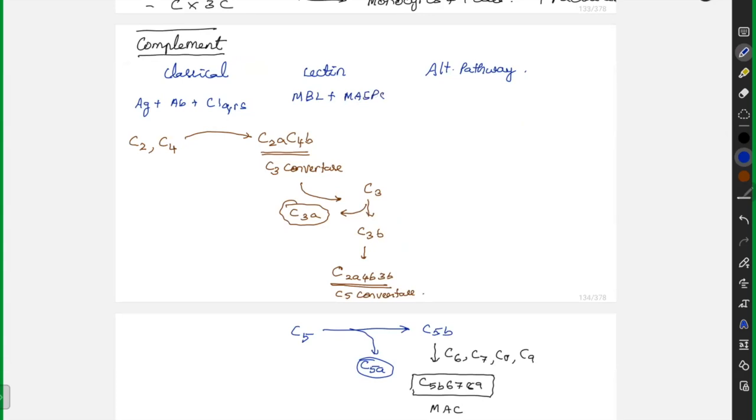That is going to convert your C2 and C4 to C2A, C4B, that is C3 convertase. So that is going to be your lectin pathway.